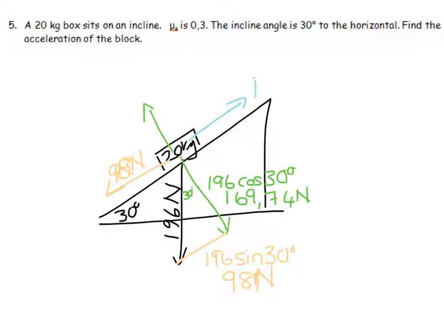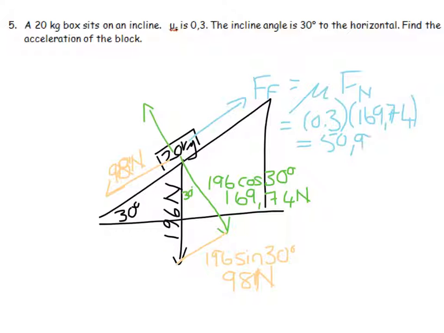I'm being given a frictional coefficient, so I need to work that out. Friction is equal to the coefficient of friction times the normal, 0,3 multiplied by 169,74, and I land up with 50,92 newtons. So what is my force resultant? I am going to say force resultant is equal to the big force down the slope.